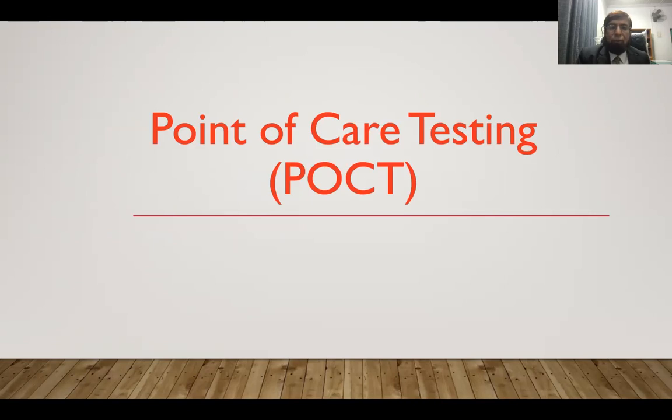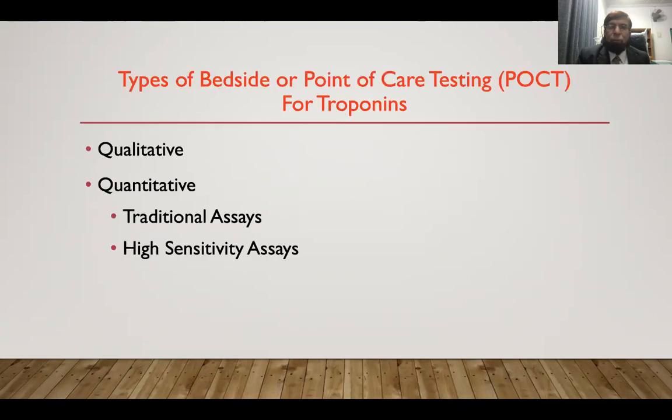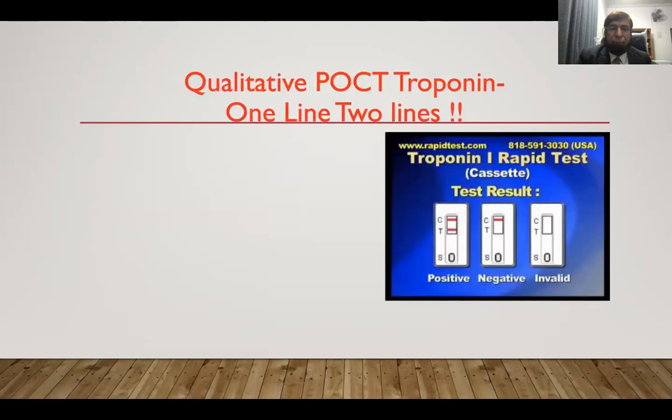Point of care assays are also available, and there are two types of point of care or bedside assays: one is qualitative, the other is quantitative. In quantitative, high sensitivity has also been offered. First, let me examine qualitative POCT.